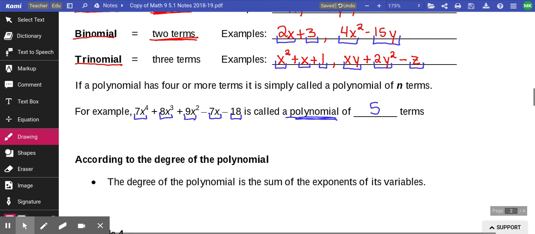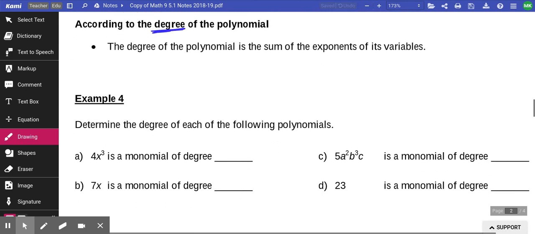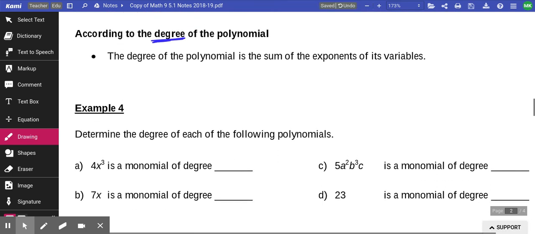Awesome. Degrees. So let's talk about degrees for a little bit. Degree is what happens if you add together the exponents of a term. Okay, so it says sum. Sum means add. So you want to add the exponents, but only in one term.